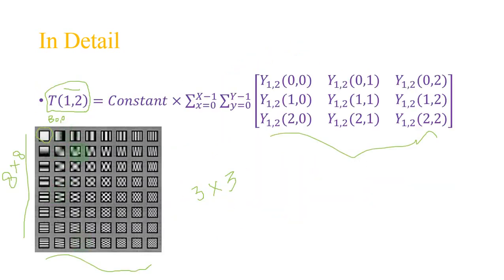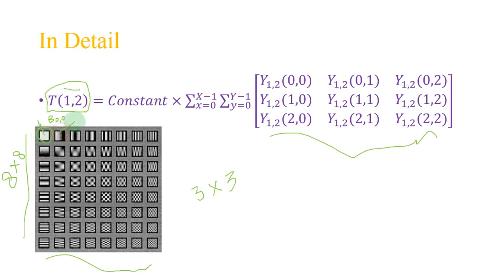So this image shows the basis for an 8 cross 8 input matrix. These will be different frequencies of cosine. So in B of 0 comma 0, the frequency is constant, so there is only one shade.